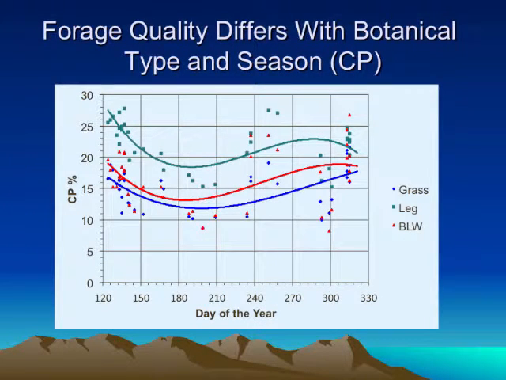Protein, our legumes are up here. Grasses are low. Protein's high in the spring, low in the summer, higher in the fall. But notice how the forbs, which do not fix nitrogen, I mean, they're not legumes, okay? Their protein is very similar to the grass. That's actually a positive out in a pasture, because our ruminants don't need this much protein.